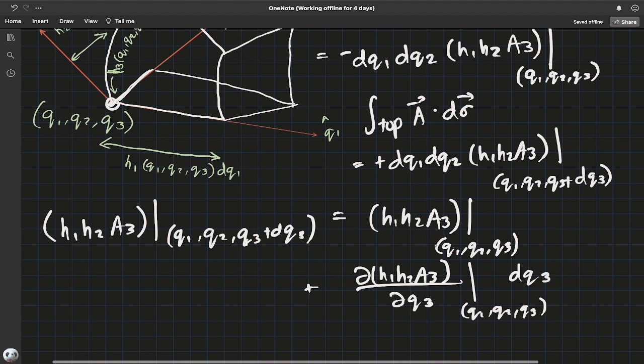You can think of this as the first term of the Taylor series, or the definition of the first order partial derivative with respect to q3.